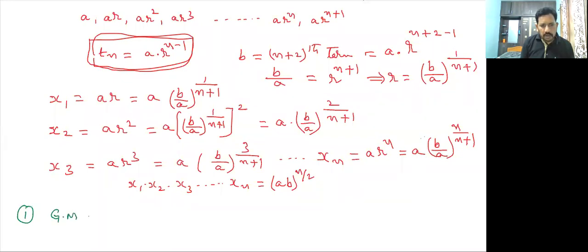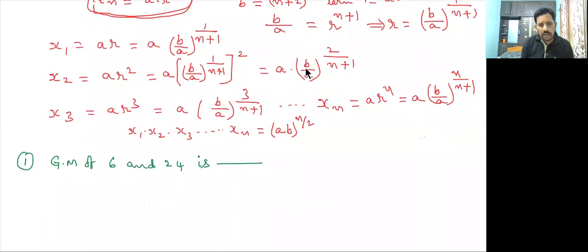Geometric mean of 6 and 24 is, what is geometric mean of A and B? Geometric mean of A and B is root AB. This is the formula.